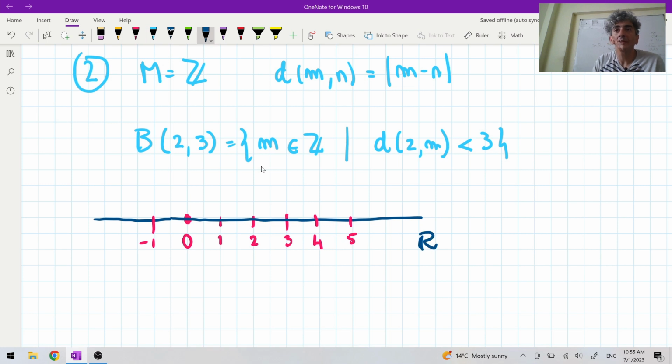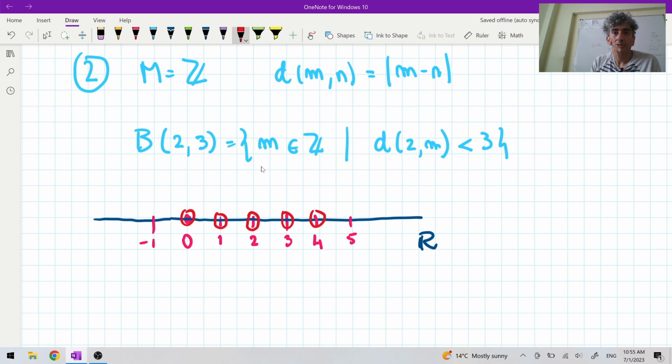Then what is this? This is the set of integers that have distance less than 3. So the center of the ball is here. This is the center of the ball. Number 3, number 4, number 1, and number 0, they all have distance less than 3.